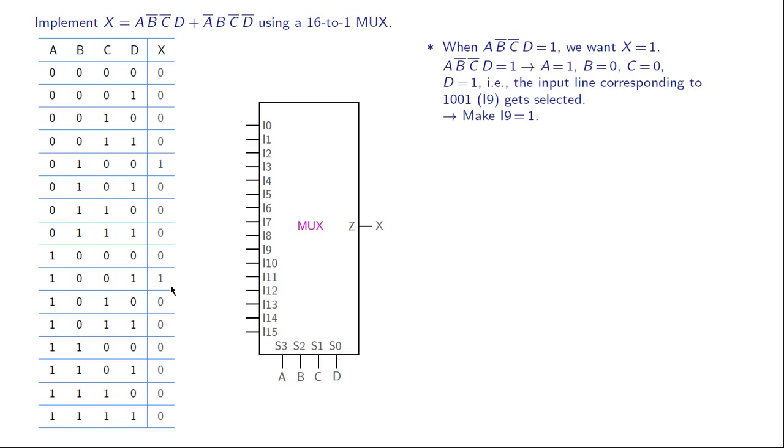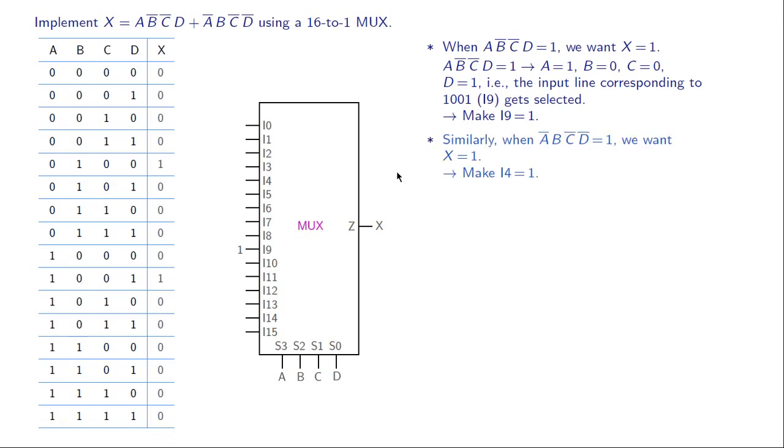So when we have 1 0 0 1 here, what happens in this multiplexer? 1 0 0 1 is decimal 9. So this I9 gets connected to the output, and we want that to be equal to 1. So what we can do is to connect 1 over here to this I9 pin.